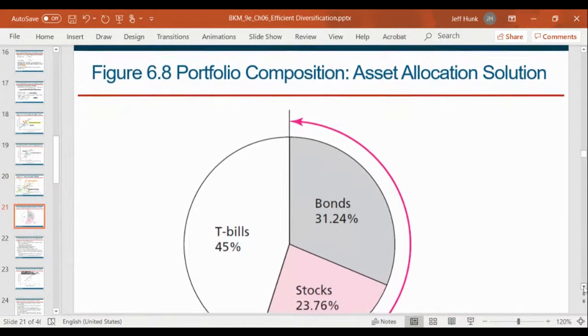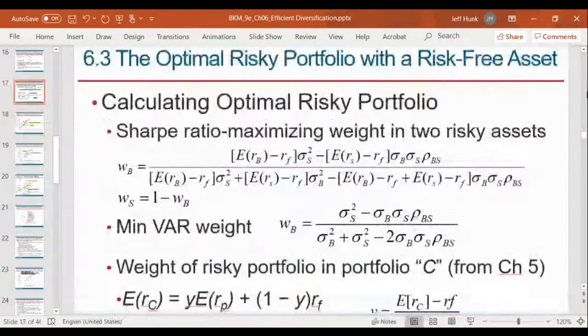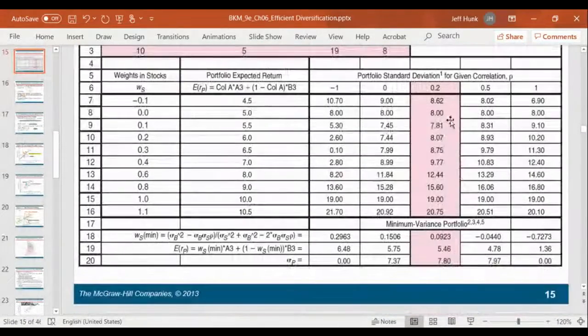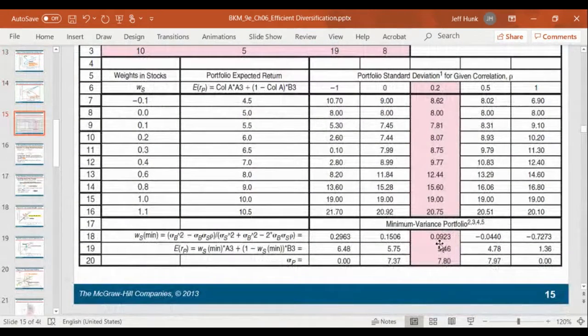So then, once we have found the weight, what was the weight that we calculated? When it is 0.2, our optimal weight was 0.923, which is on stock, right?